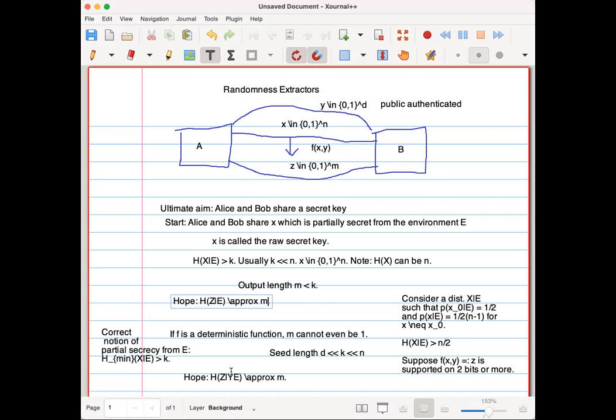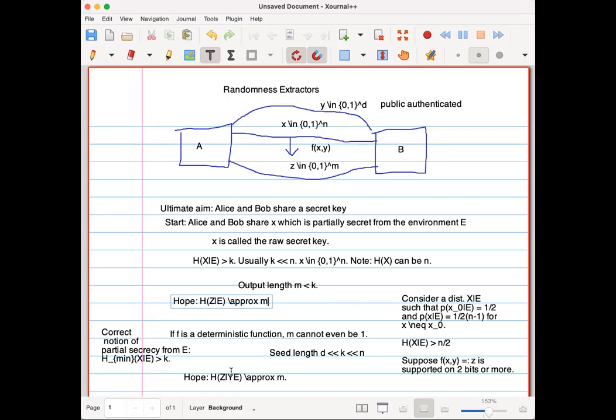Protocols which work perfectly if Z is completely uniform and independent of everything else may not work well once I say that the entropy of Z given Y is approximately n, because the L1 distance from the uniform distribution could actually be quite large. Here the L1 distance is half.